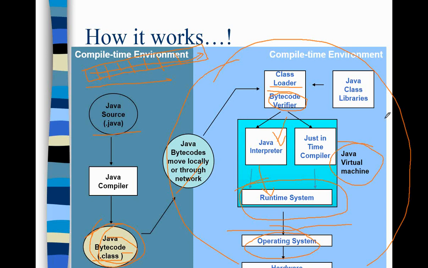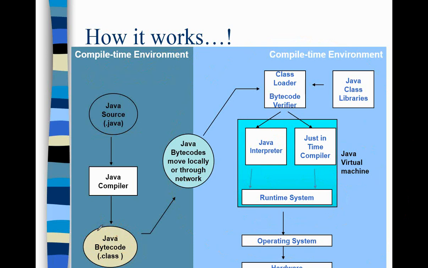Okay, and this Java bytecode can be created on, say, a machine which was 64-bit, right? Now, if I take this bytecode and try to run it on a 32-bit computer, what will happen? Maybe it will not work. Right.